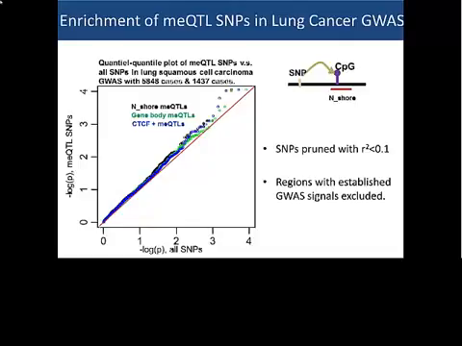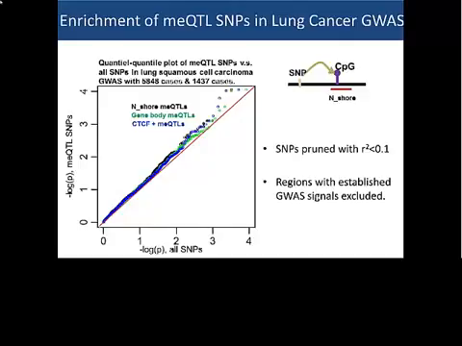To do this analysis, we first have to do some intuitive analysis. So we use the NCI GWAS of lung squamous cell carcinoma, with over 5,000 cases and 1,400 controls, to make this quantile plot. First we have to prune the SNPs so that no pair of SNPs has a correlation R² larger than 0.1.